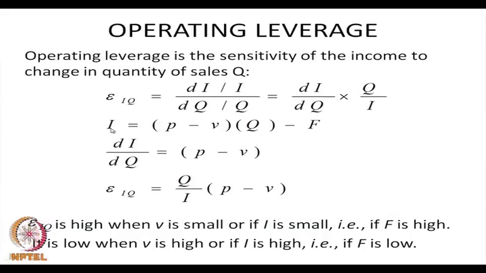We already know that the total income I is (P minus V) into Q minus F. PQ is the revenue, VQ is the total variable cost, minus the fixed cost.